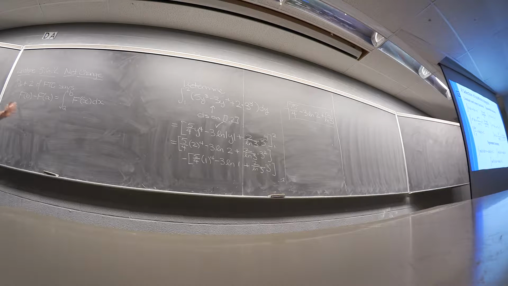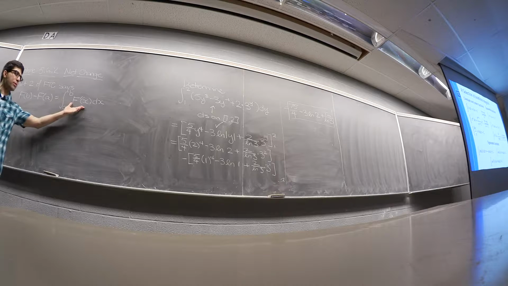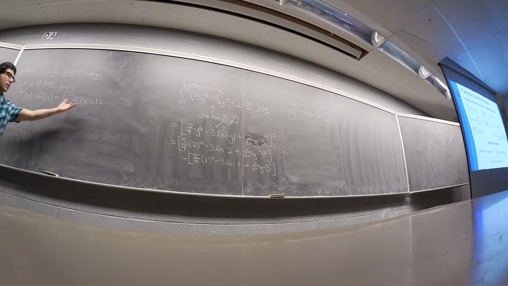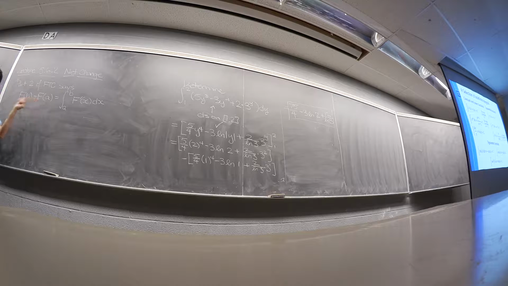Okay? I sort of wrote it this way once. This should make sense, okay? We said that big F was the antiderivative of what was in here, so I've written it like this. The stuff in here is the derivative of that guy. That's just part 2 of the fundamental theorem.